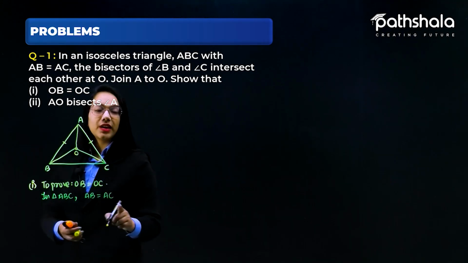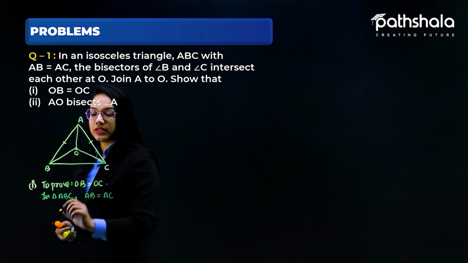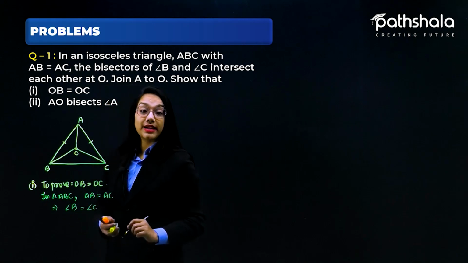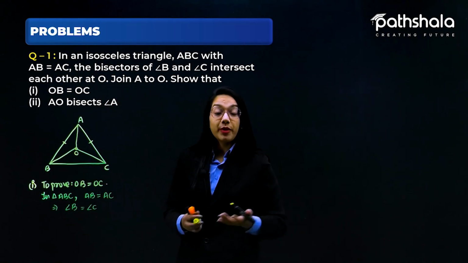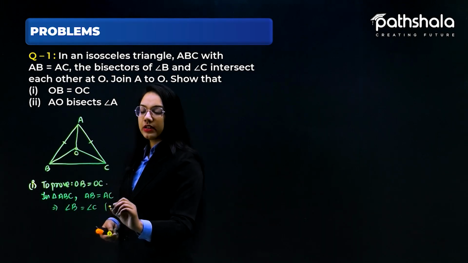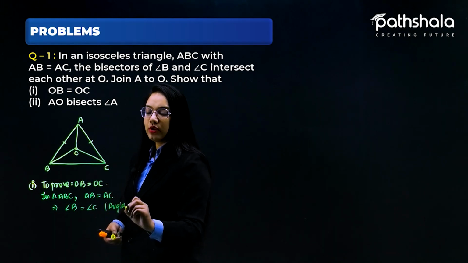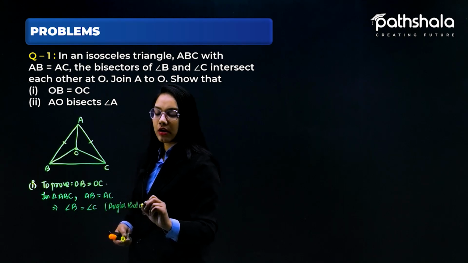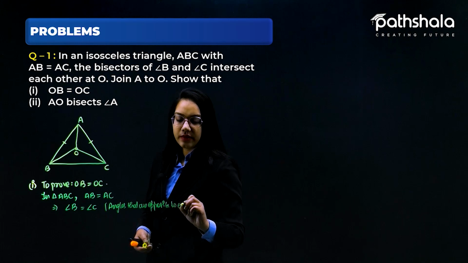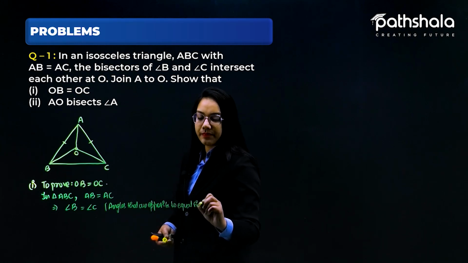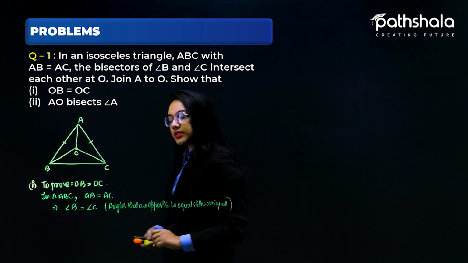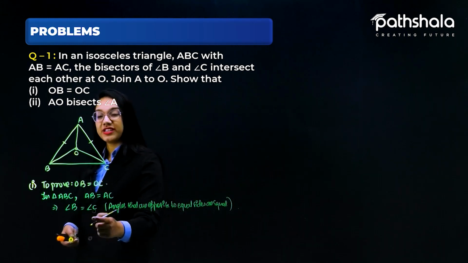If AB is equal to AC, this side is equal to this side, which implies that angle B is equal to angle C. Why? From the theorem we know that the angles opposite to equal sides are equal. So by theorem angle B is equal to angle C.